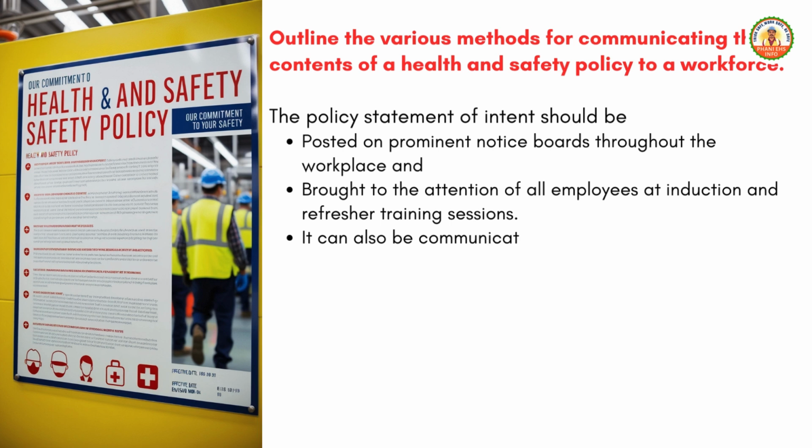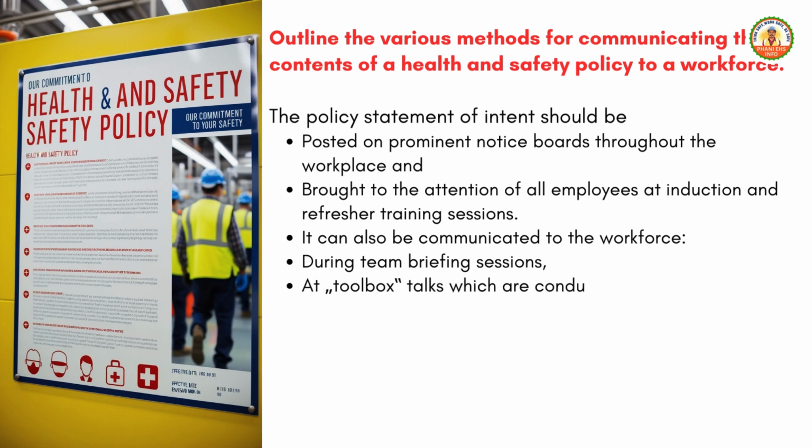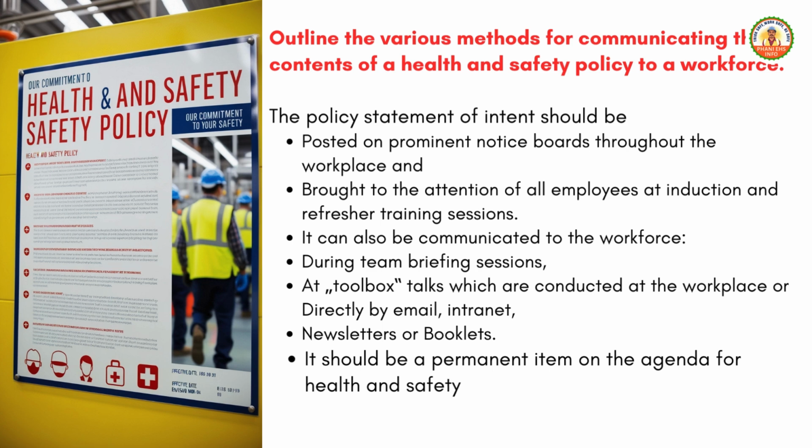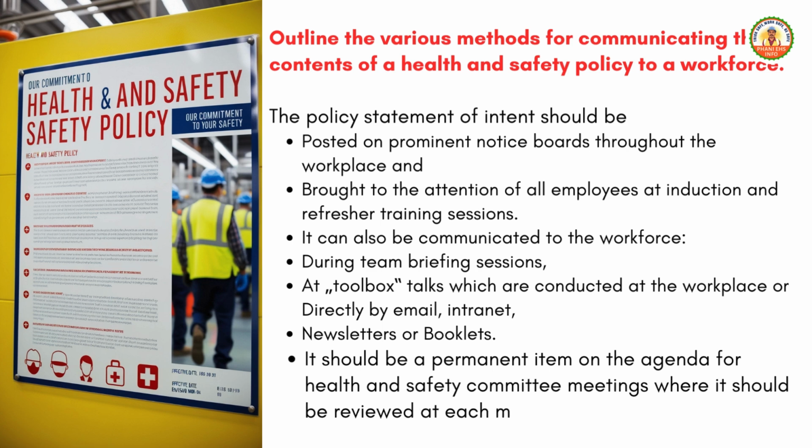It can also be communicated to the workforce during team briefing sessions, at toolbox talks which are conducted at the workplace or directly by email, intranet, newsletters or booklets. It should be a permanent item on the agenda for health and safety committee meetings where it should be reviewed at each meeting.